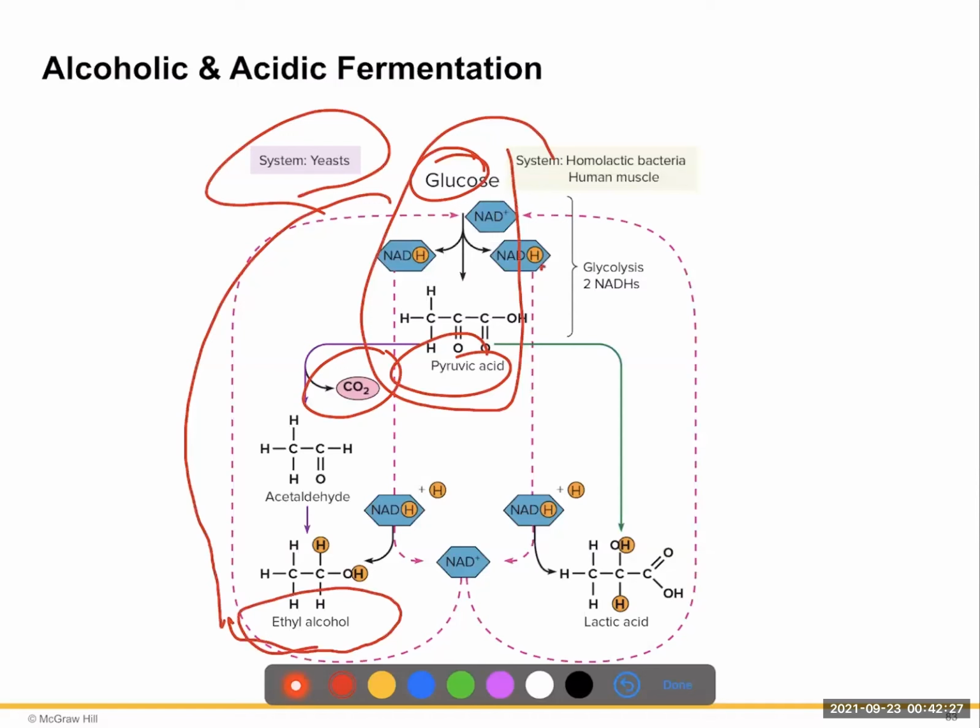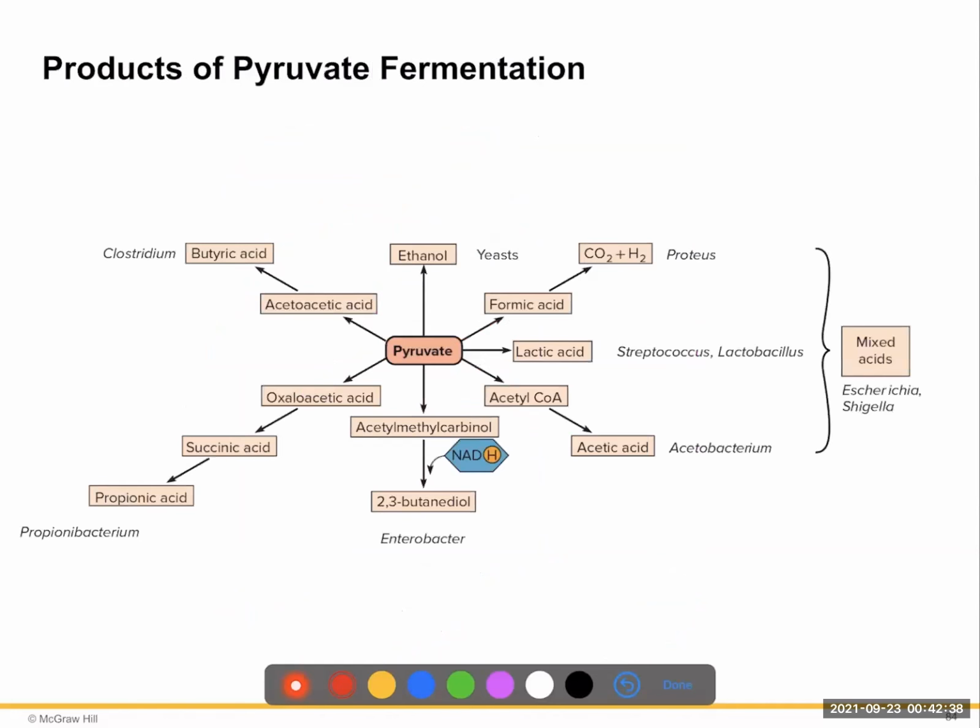Okay. If there's no yeast present, it runs through here, produces lactic acid as your final product. So pyruvate can have many functions, and there's your ethanol if yeast is present. And these are different bacteria that will give you different end products depending on what bacteria is present.